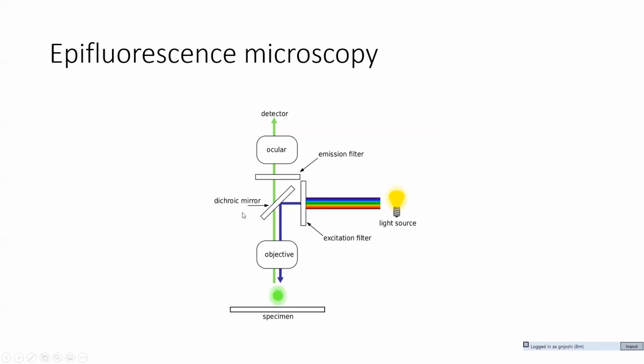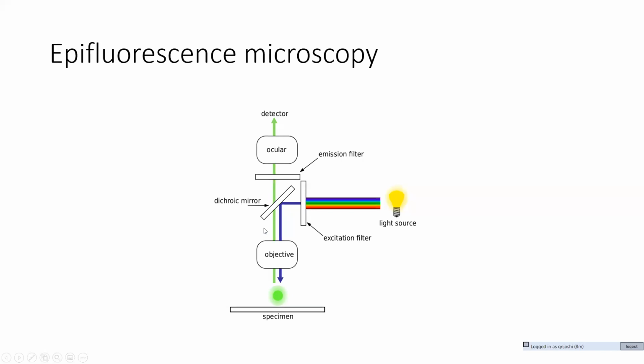There is a dichroic mirror. As the name suggests, it's dichroic, so two colors. It's going to allow the blue light to be reflected towards the objective, towards the specimen. Now the specimen will be excited, and it will emit green light. The green light will pass through the objective, through the dichroic mirror.